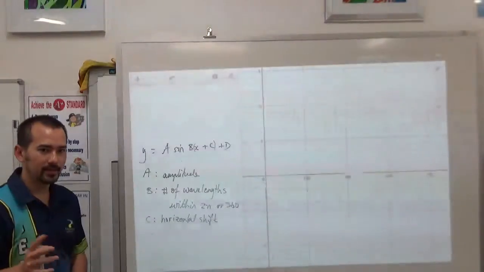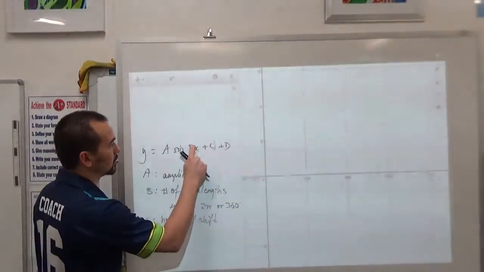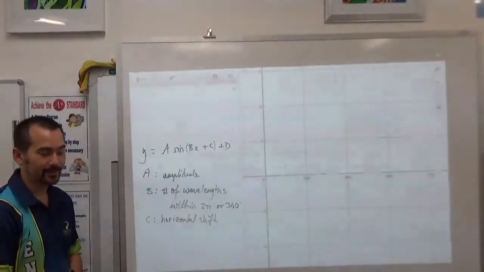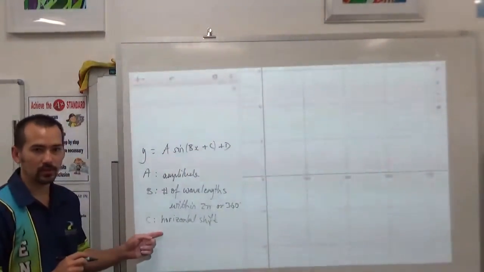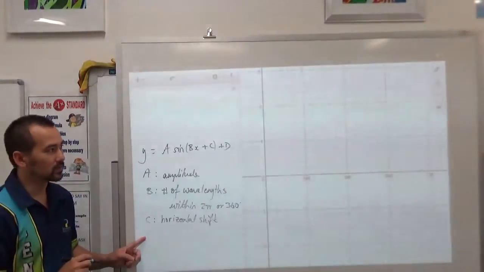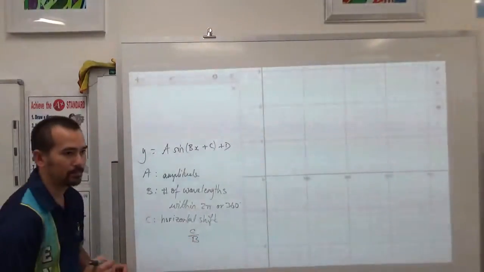Now, different textbooks, different authors, like to put the brackets around here. And if you ever see that, then the horizontal shift is no longer C. The horizontal shift is actually now C divided by B.